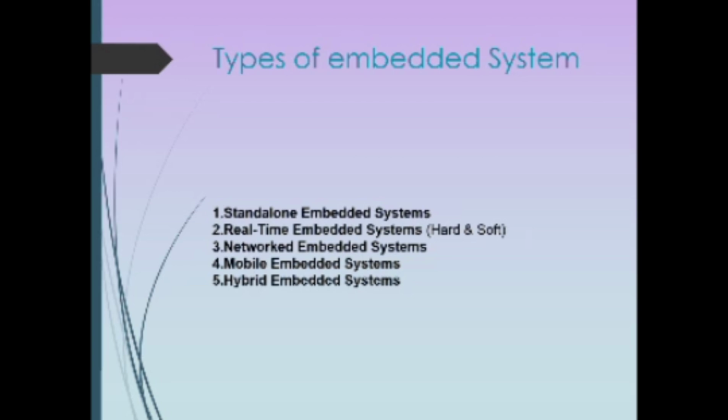The network embedded system can be used in home automation or the automotive segment, like if we want to control our lights or any other electrical appliances from away, we can use a network embedded system. Or if we need to use our electrical devices at home but we are at a remote location, at that time we can use network embedded systems.